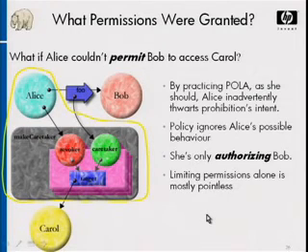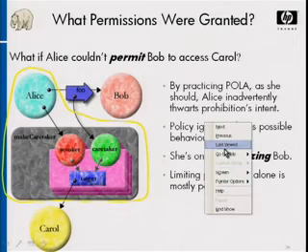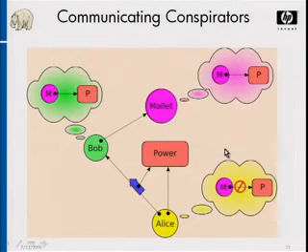So let's state what's being sought here, and we can see why it's impossible. What's being sought in the communicating conspirators problem, phrased in cause and effect terms, is this. Let's go back to the scenario. Bob and Mallet are stateful, they're in communication, so Bob's state can be affected by communication with Mallet. Bob can make use of the power.